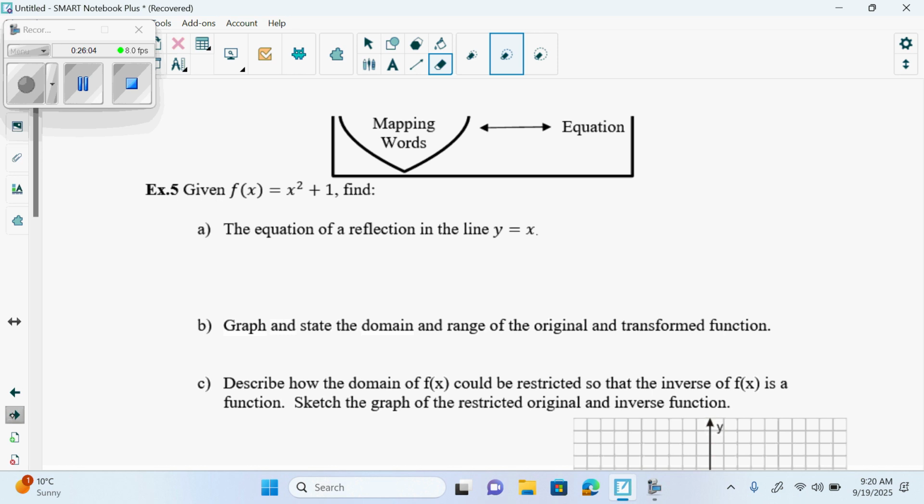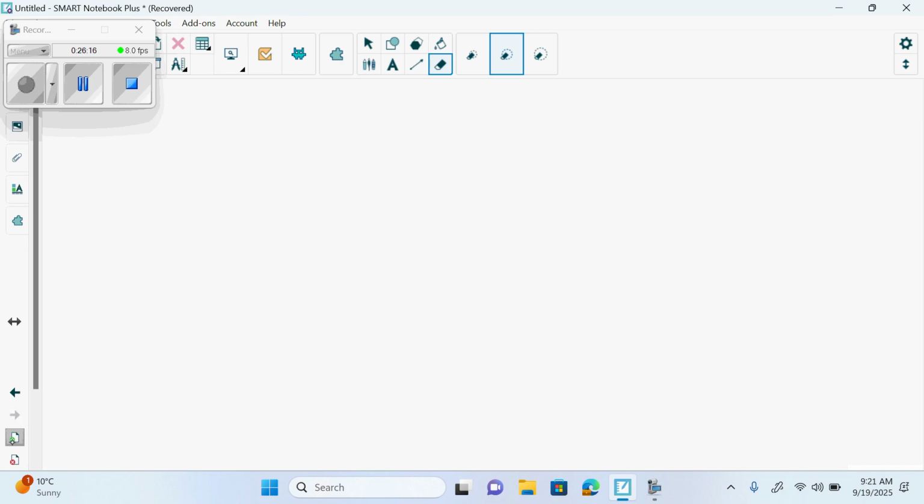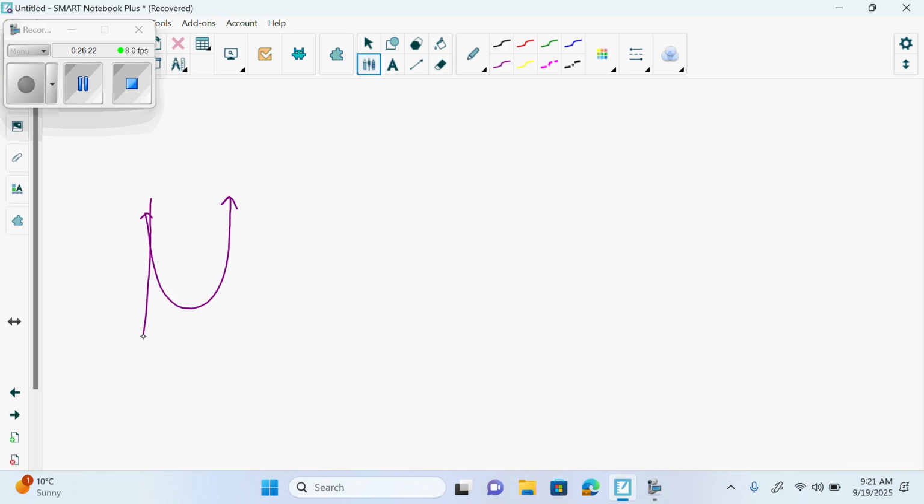So basically any graph that if I draw a horizontal line through it, it's going to cross more than once, isn't going to work. Because if I had this graph, it passes the vertical line test, correct? So the original is a function, yeah? How could I test if the inverse is a function?